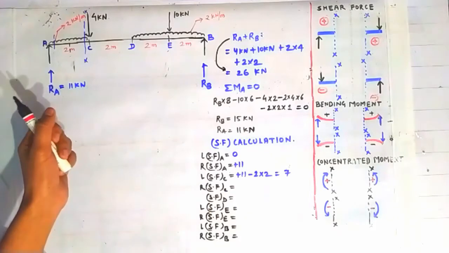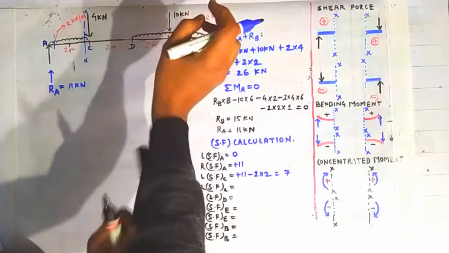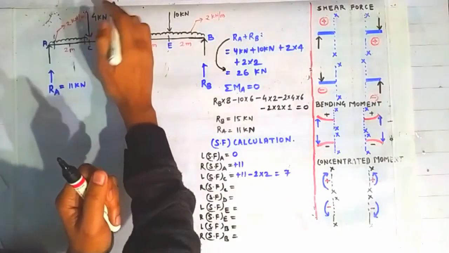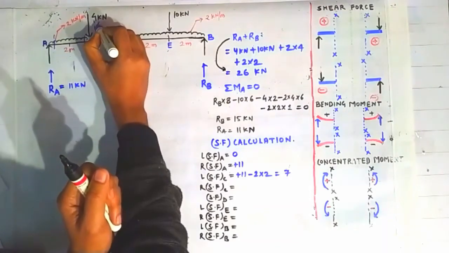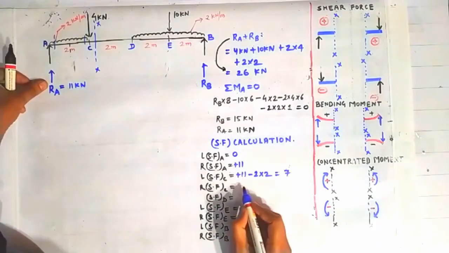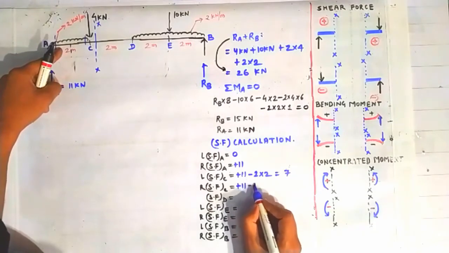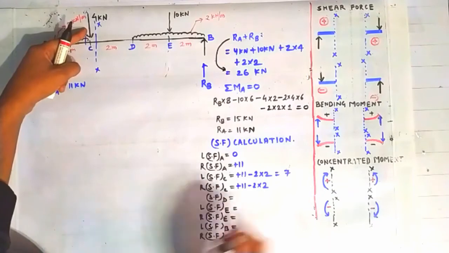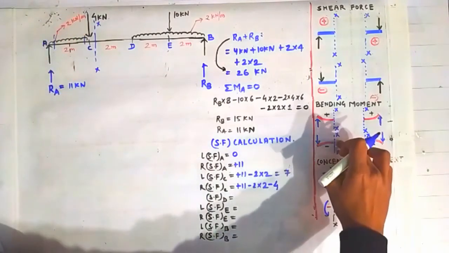Okay, now we will calculate the shear force on the right side of the point C. So shear force on the right side of the point C can be computed similarly by constructing a section on the right side of the point C. Suppose this is a section constructed here on the right side of the point C. Now looking on the left side of this section, you can see that this force is contributing toward a positive shear force, and this UDL contributing toward a 2 into 2 this much shear force, and this point load is contributing toward a shear force of minus 4 kilonewton using this sign convention.